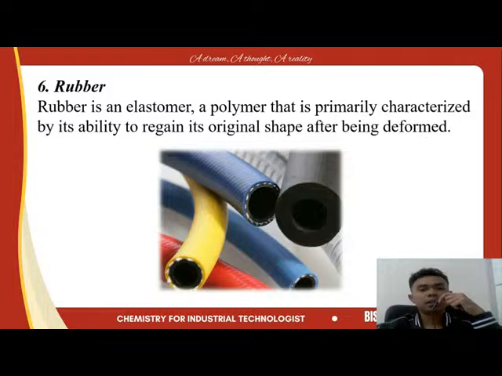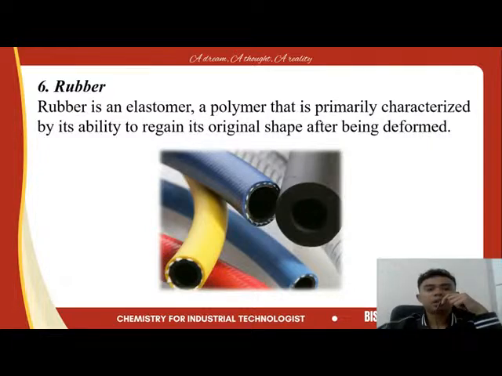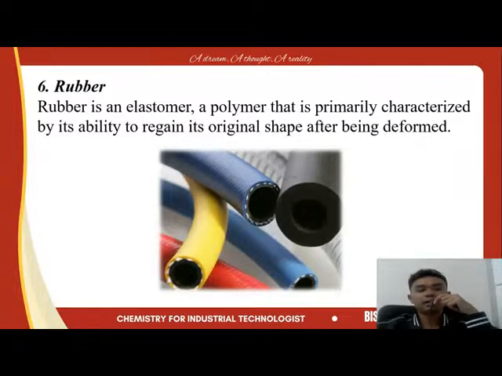So another example of a synthetic polymer is rubber. This is very useful in our everyday life. We can see rubber at our house, bisan asa nato makitaan ang rubber.